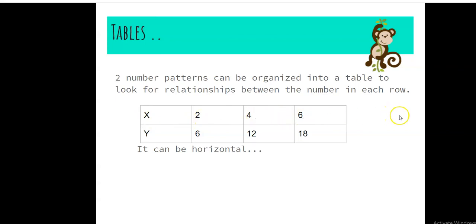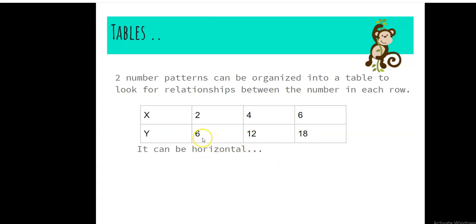Now I can see that this is an increasing pattern, and each time it's going up by 2, because 4 minus 2 is 2, 6 minus 4 is 2, so I can see this is increasing by 2 in each step. In row Y, I have the pattern, or the terms, 6, 12, and 18.